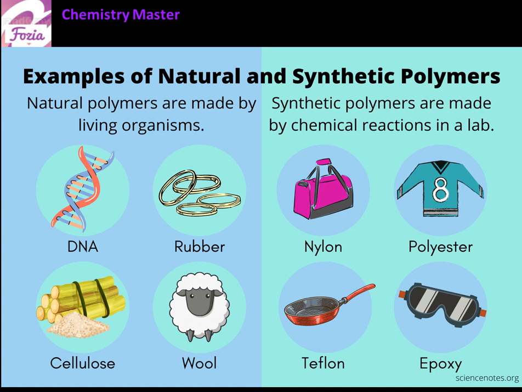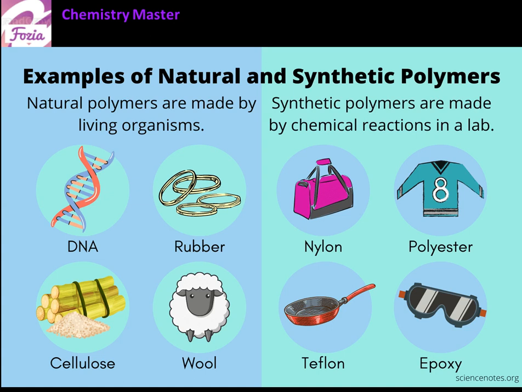But the second type, the synthetic polymers, are those macromolecules which are made by chemical reactions in the lab. You know, this is the era of plastics and we have a variety of polymers which are used in daily life due to their advantages such as nylon, polyester, Teflon, epoxy and many more.